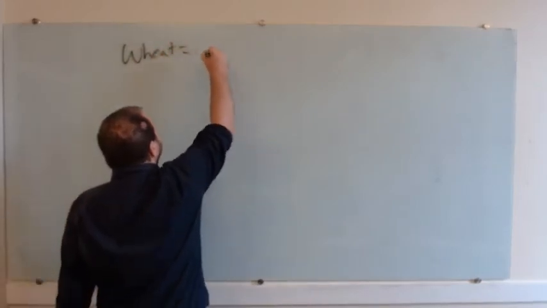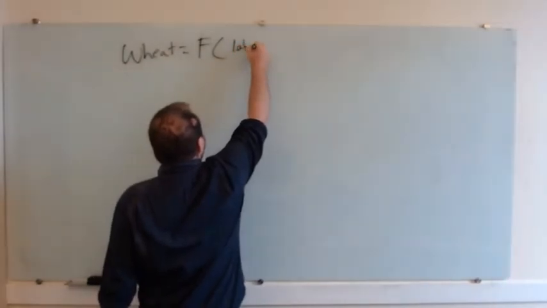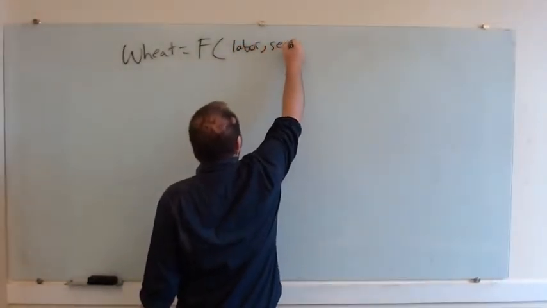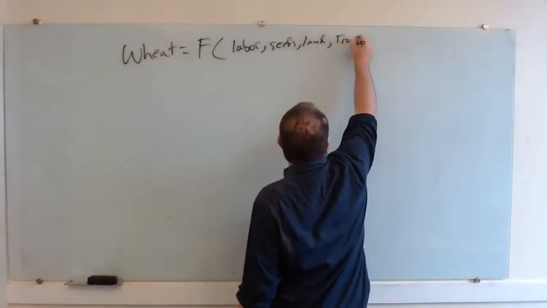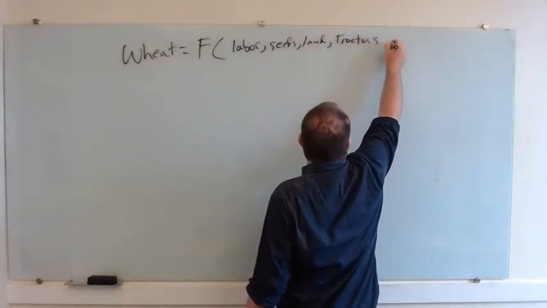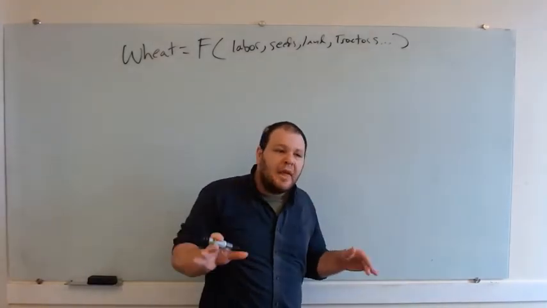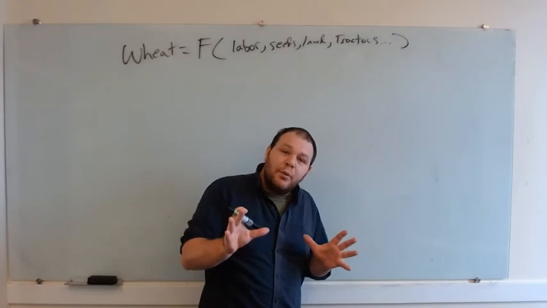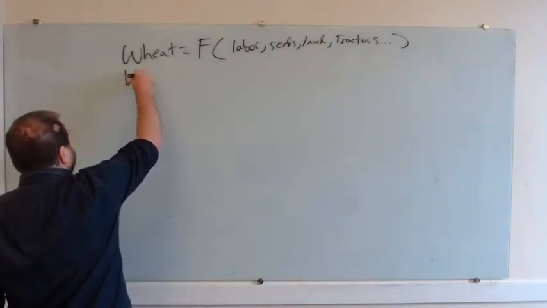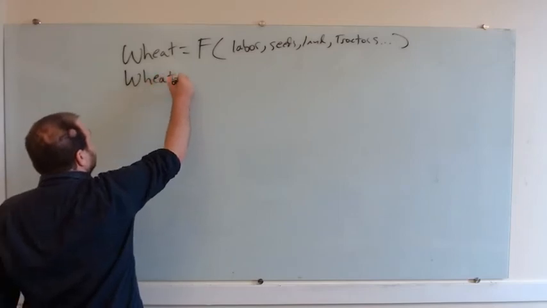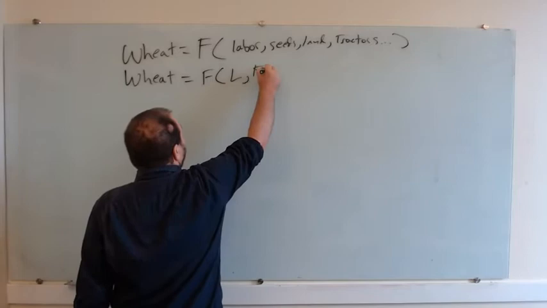So if we weren't simplifying the world, we might say that our production of wheat would be some function of labor, seeds, land, tractors, et cetera, fertilizer, water, and so on. Because we're going to work in a simple world where we only have two kinds of inputs, we're instead going to say that the amount of wheat we produce is just going to be some function of labor and capital.